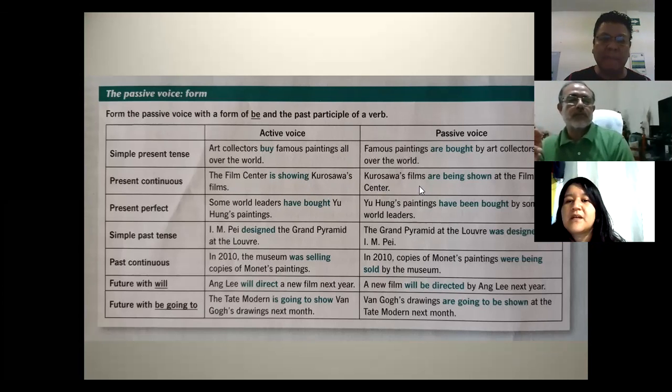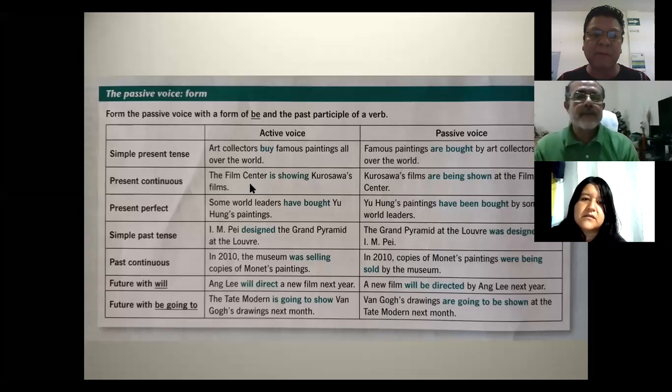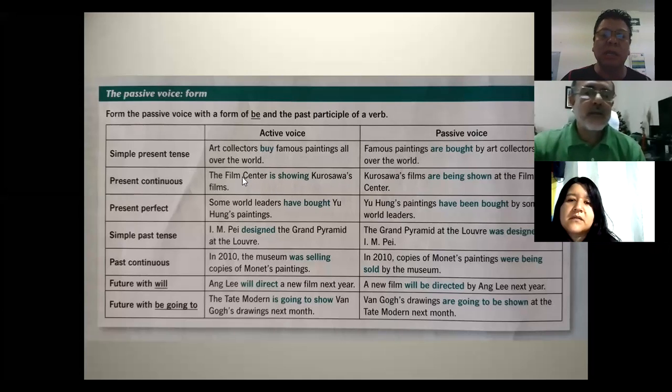Kurosawa's films are... why does it change from is to are? Because here film center is singular. The film center is showing Kurosawa's films. But now Kurosawa's films is plural: Kurosawa's films are being shown at the film center.